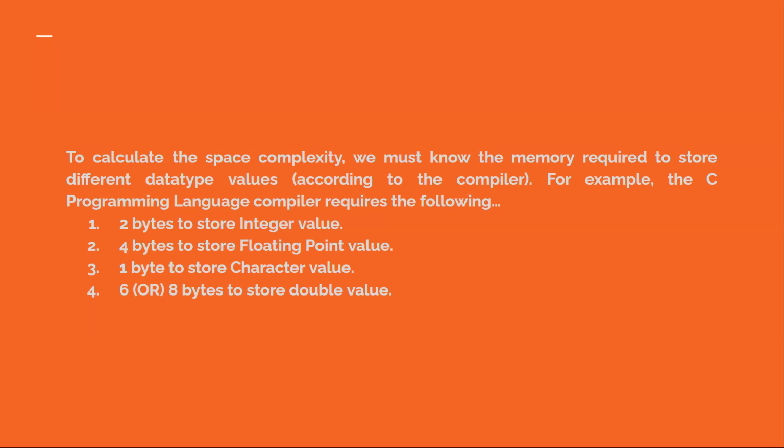For example, the C programming language compiler requires the following: 2 bytes to store an integer value, 4 bytes to store a floating point value, 1 byte to store a character value, 6 or 8 bytes to store a double value.